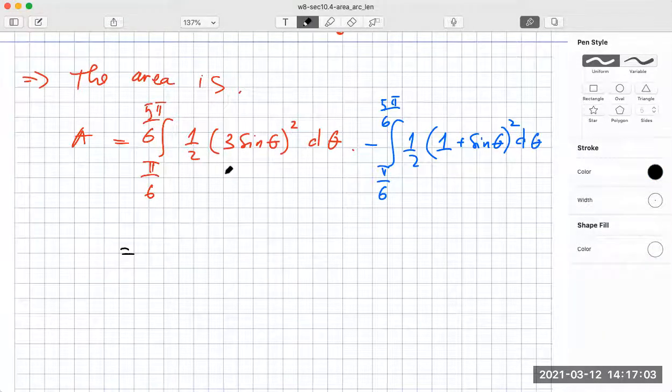Okay, let us continue. Here it becomes, what is it? One half we take out, right? And here 3 sine squared becomes 9 sine squared, right?